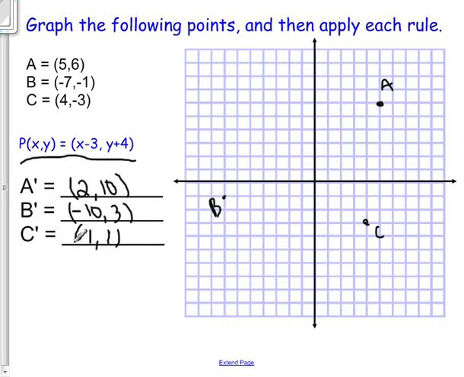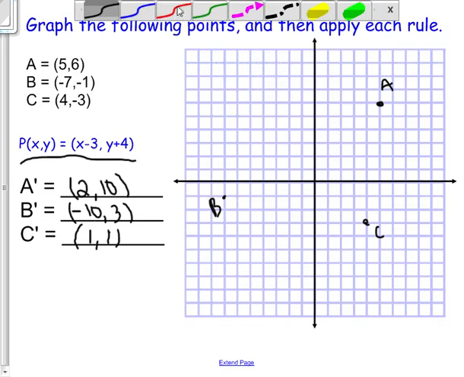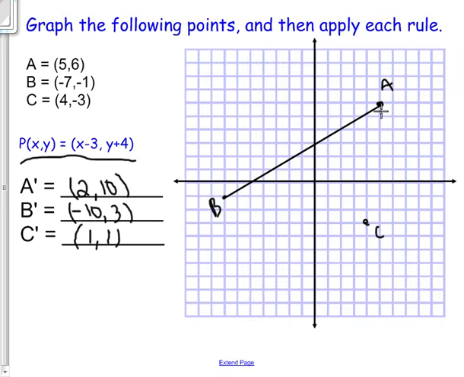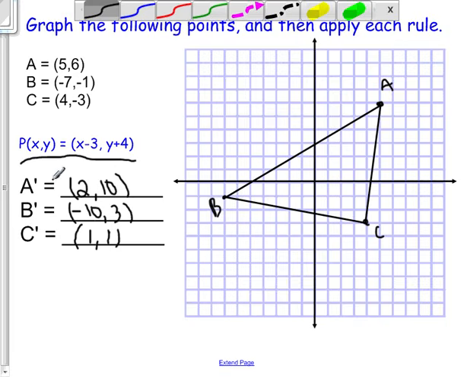Alright, so let's graph these 3 points. And I'll do this in red. And actually, before I do that, I want to connect A, B, and C. I'll just connect it with my line tool here. So we're going to make a triangle. And then let's graph A prime, B prime, C prime, and let's do that in red.